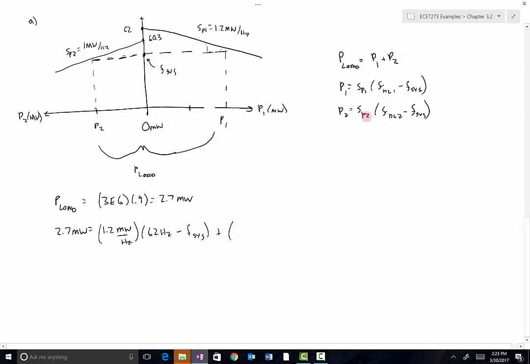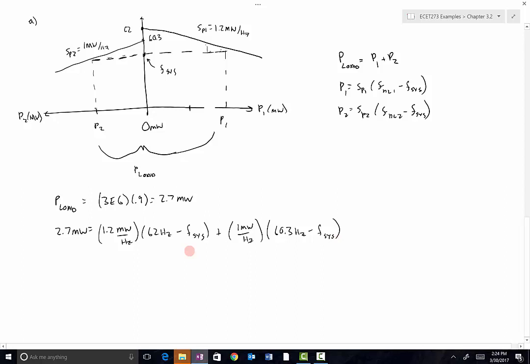Its frequency droop characteristic was 1 megawatt per hertz. Its y-intercept was 60.3, or its no load frequency was 60.3 hertz, and then they have to have the same frequency, so FSys. So now all we have to do is solve that problem for FSys.